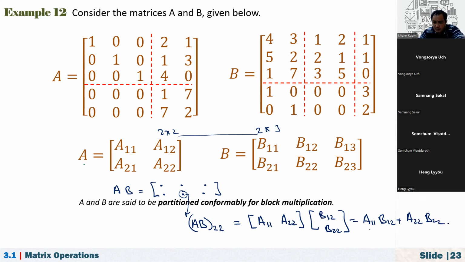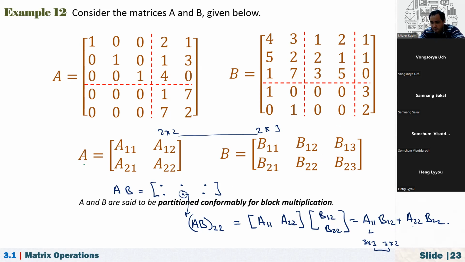If you check this, for example, what is A11? A11 is a 3 by 3 matrix, right? How about B12? B12 is a 3 by 2 matrix. So see here, it is defined. That's why we are saying partitioned conformably for block multiplication.